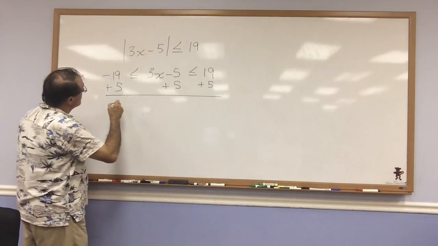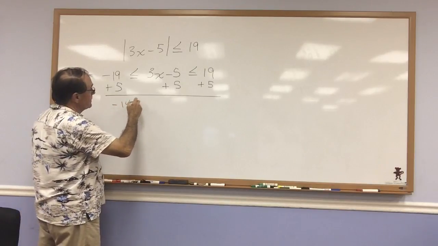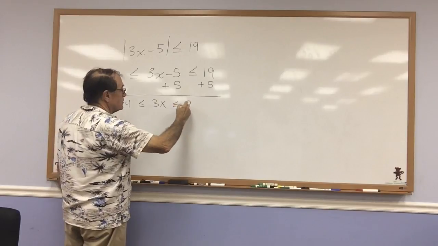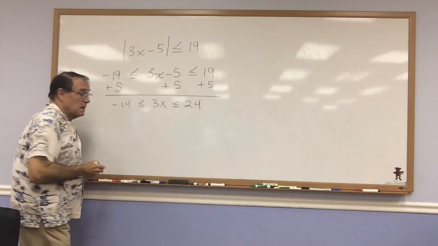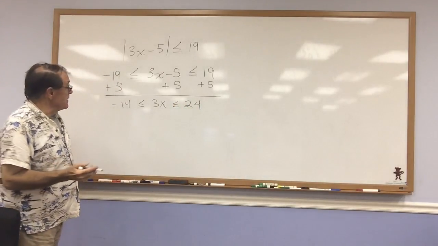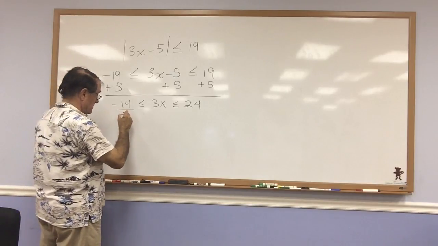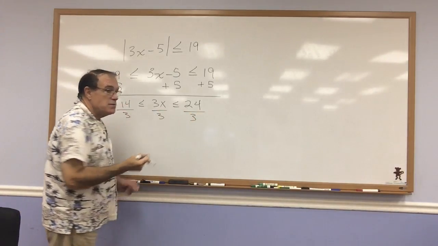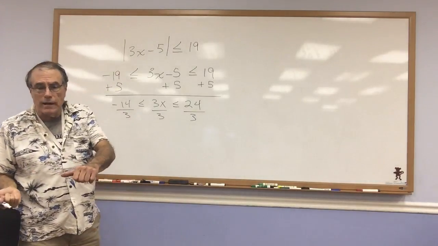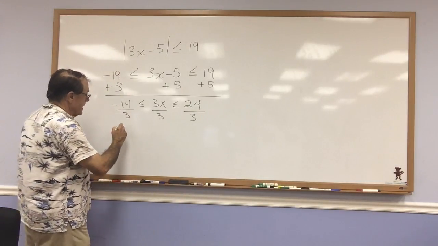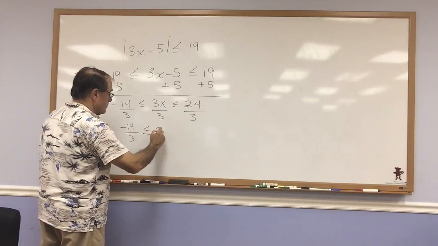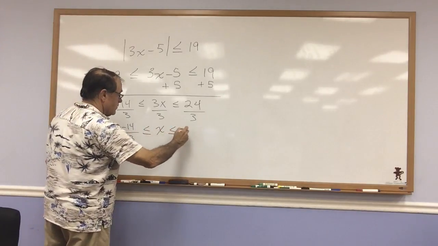And I have negative 14 less than or equal to 3x less than or equal to 24. Now I'll just divide by 3. I'm dividing by a positive, I do not have to switch the inequality. And so negative 14 thirds is less than or equal to x, which is less than or equal to 8.